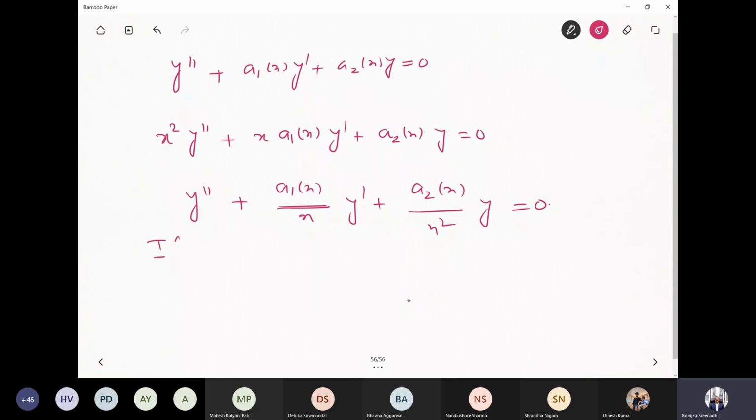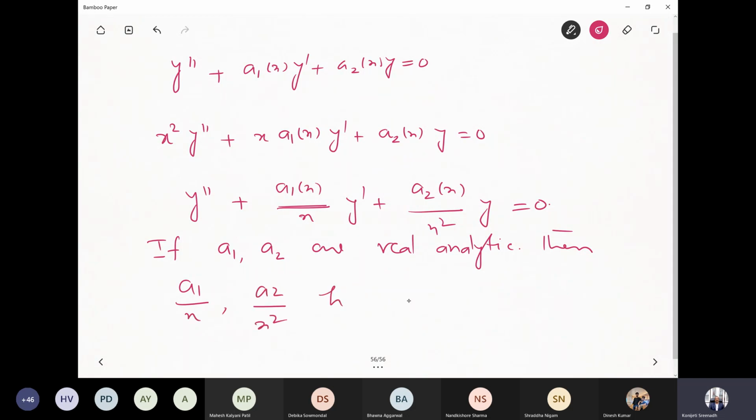So if a1, a2 are real analytic, we are only talking about real analytic solutions. Therefore, we assume that the functions are real analytic. Then a1(x)/x and a2(x)/x² have a singularity at 0.